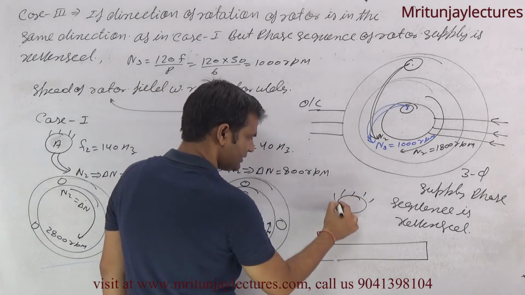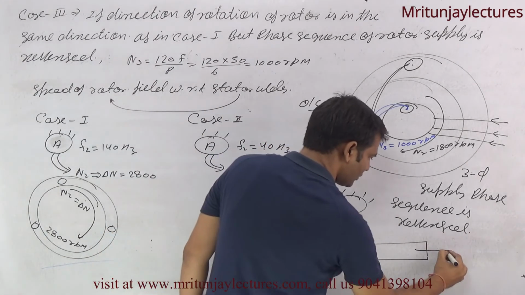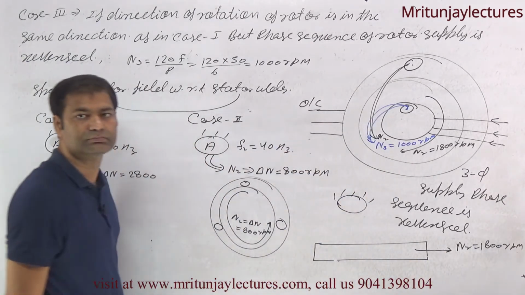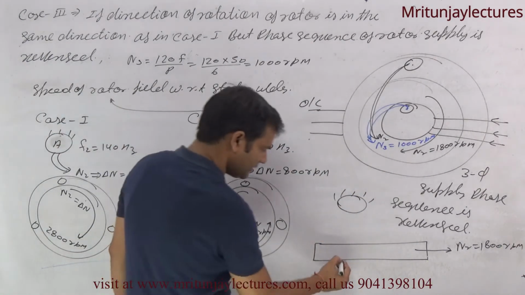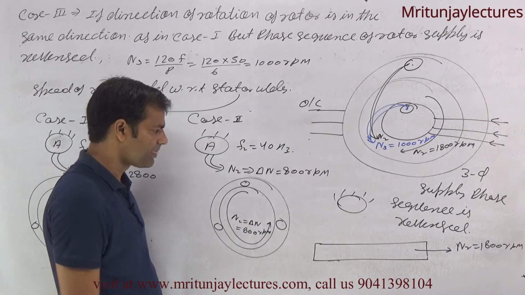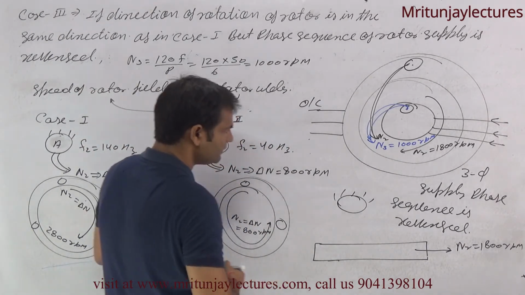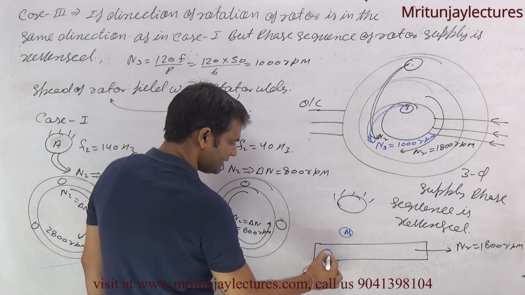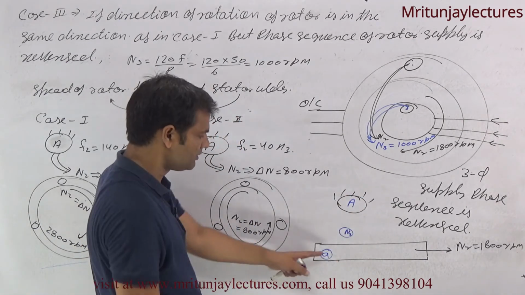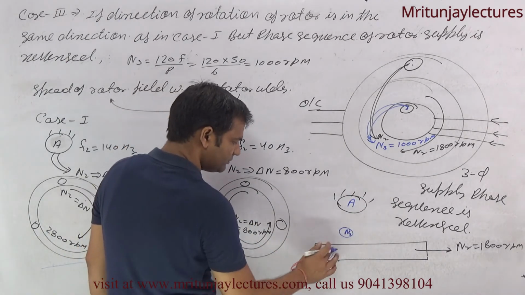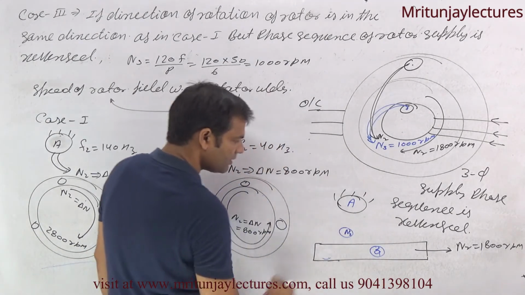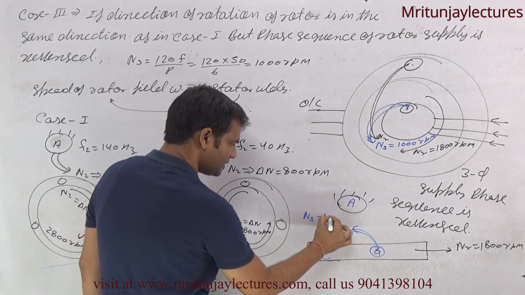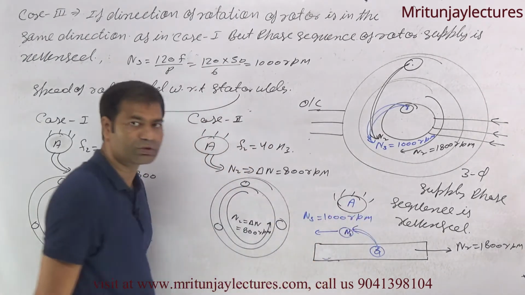So this one is a stator, and the rotor runs at 1800 rpm. The rotor winding rotates at 1800 rpm, and the rotor field rotates at NS, that is 1000, opposite to the rotor winding.